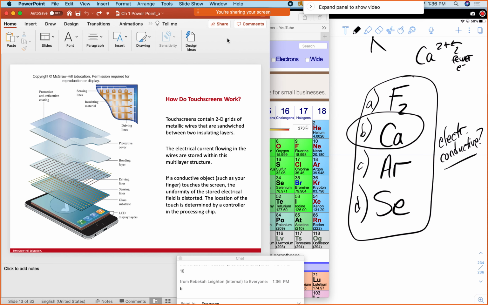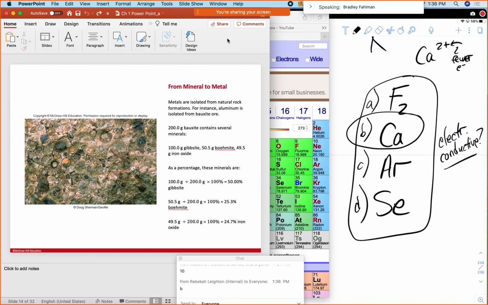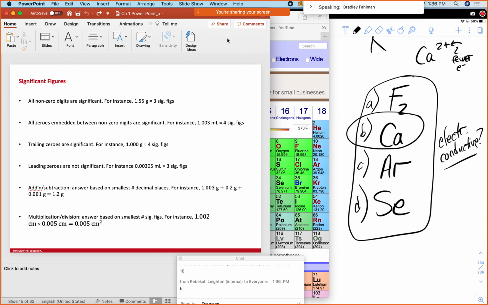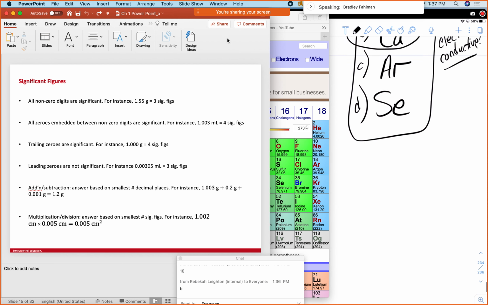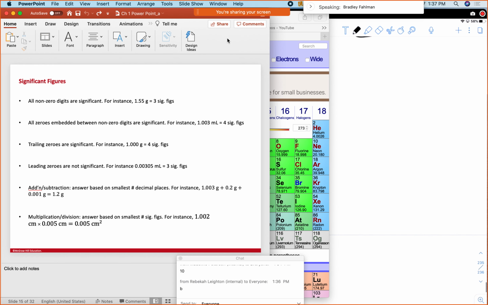Probably really the only other big concepts from the chapter would be sig figs, big time. So look for a couple of questions. One where you have to say what's the number of sig figs in a number.